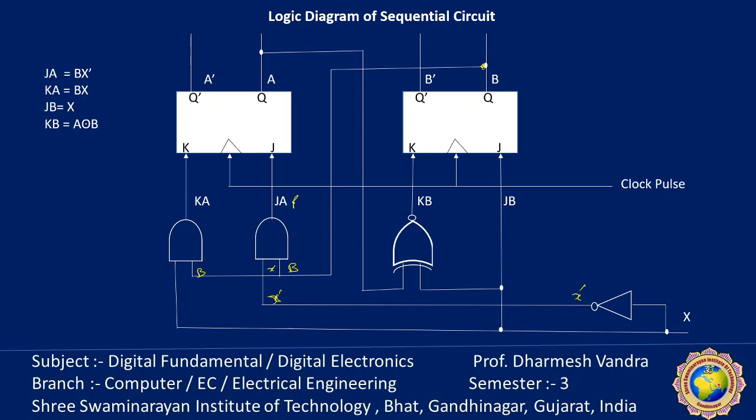So JA is equal to B X dash. This is X. So KA is equal to B X. Okay. While here JB is equal to X. So this is the X direct. And A and B X NOR. So this is the A and here is the B.